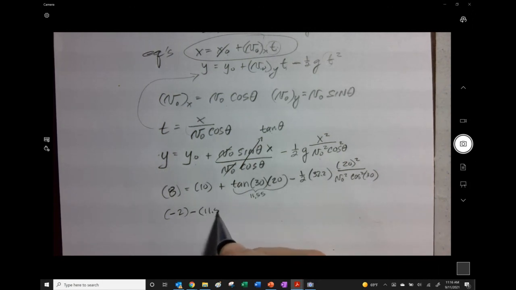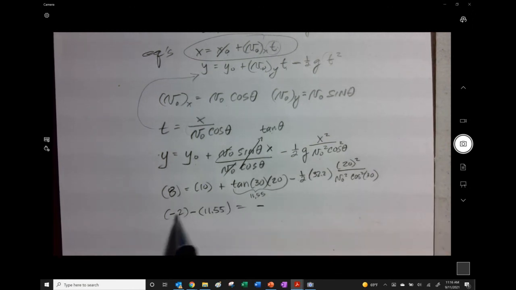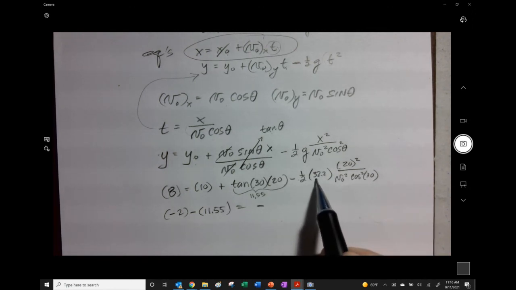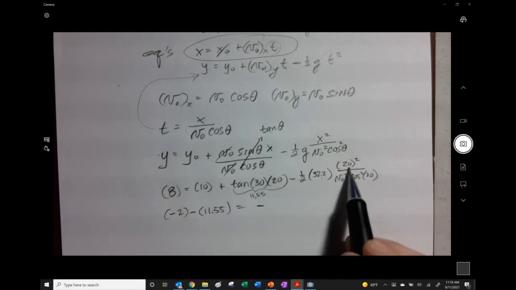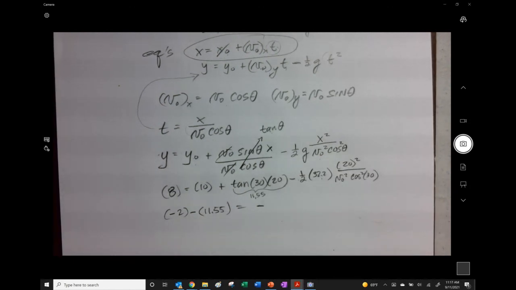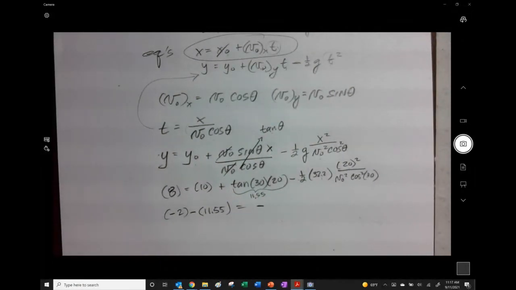So it equals, all right, so we have negative right here. We're about to see all the negatives are going to go away. So we can multiply 32.2 times 1/2 times 20 squared. So we'll go 32.2, dividing it by 2, multiply it by 20 squared. Boom.